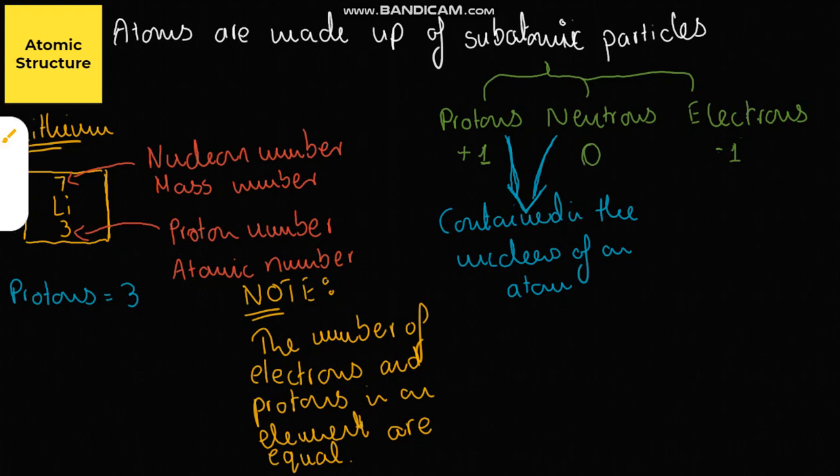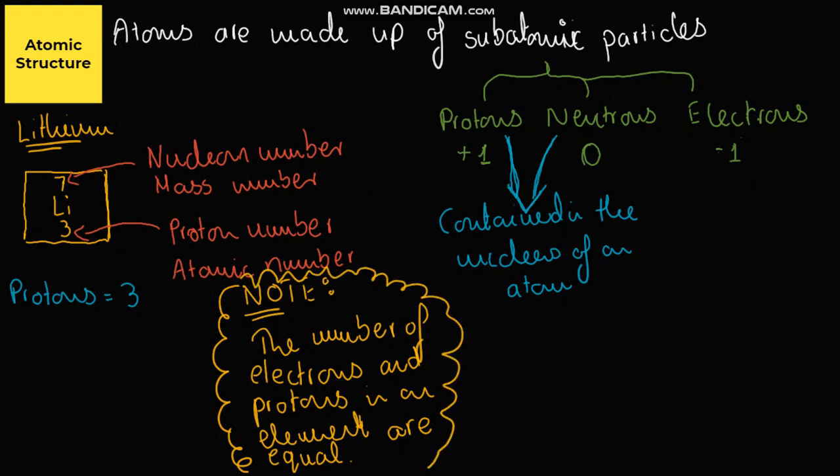So using this note, we conclude that the number of electrons is also 3. Now the nucleon number represents the number of protons and neutrons.